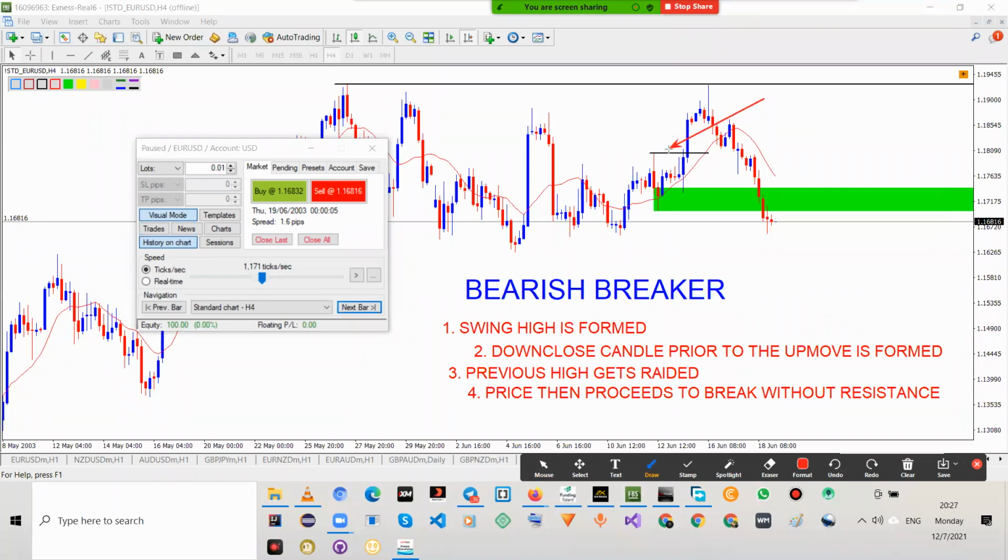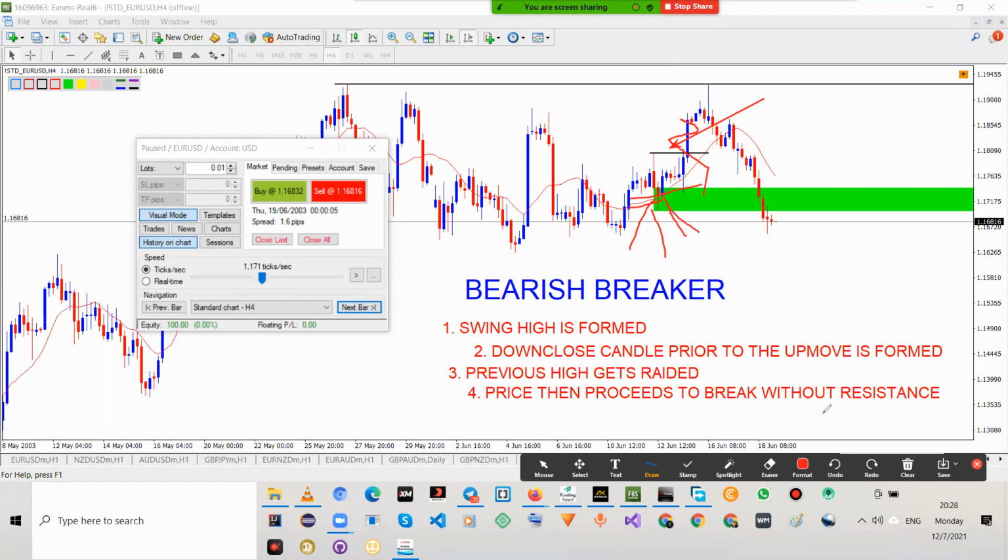The first thing, you're going to need a swing high that has been formed, and you're going to need a down close candle prior to the up move. This is the up move right here. The down close is simply a bearish candlestick.